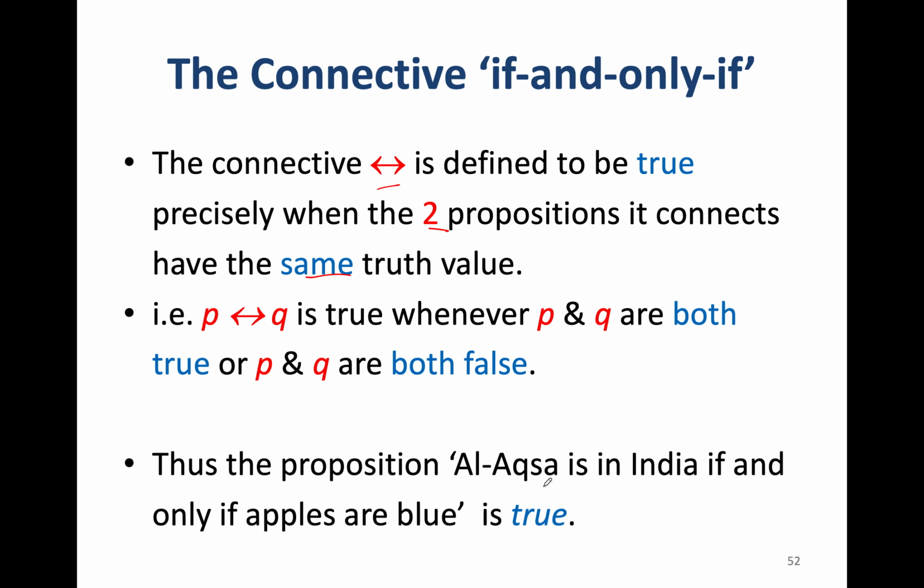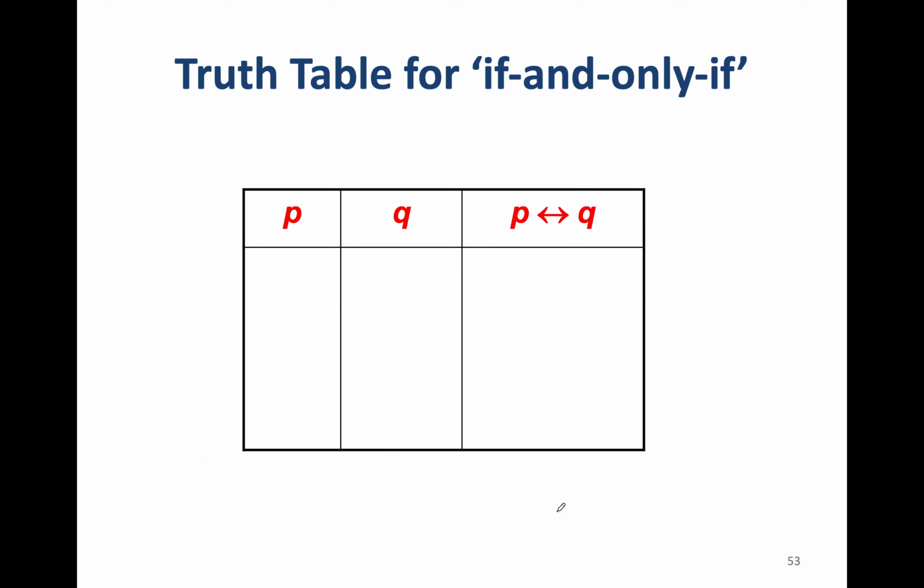If we say the proposition Al-Aqsa is in India is false, and apples are blue is also false, then the sentence is true because both of them are false. False and false is also true.